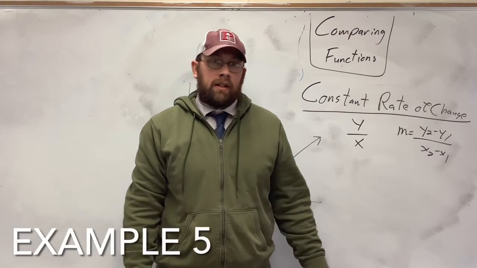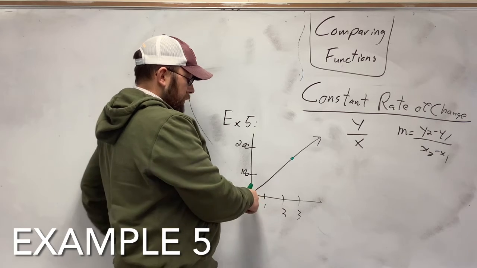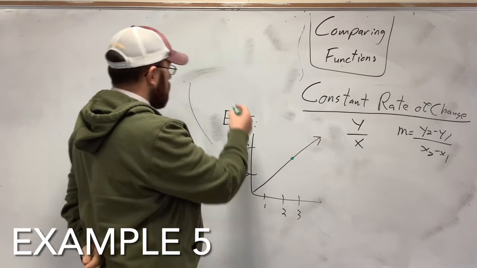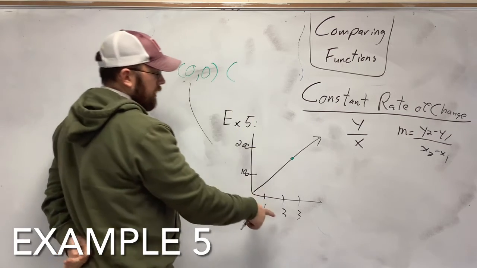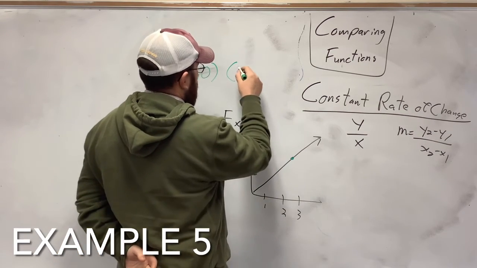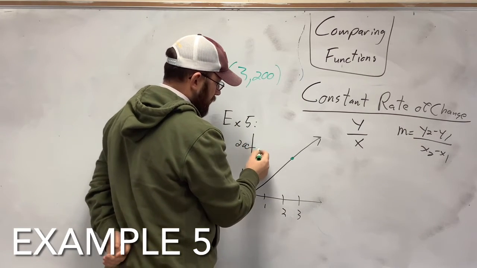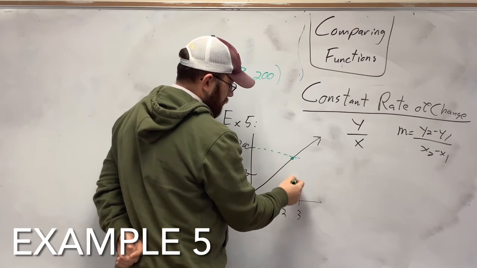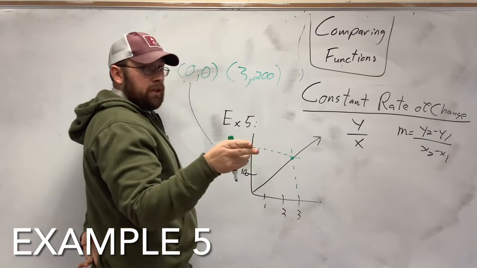All right, and this is our last example. It's on a graph. We're just gonna find the rate of change off of a graph. So if I start at 0, 0, and then I get to the point 3, 200. You have to find a point where it actually crosses.